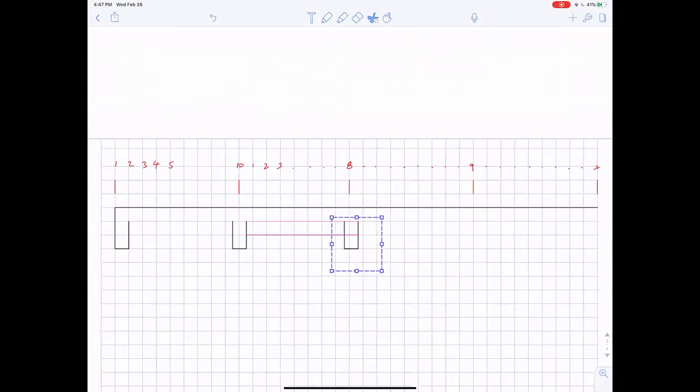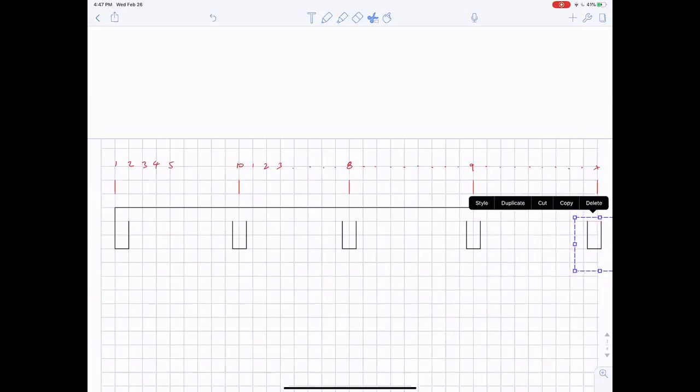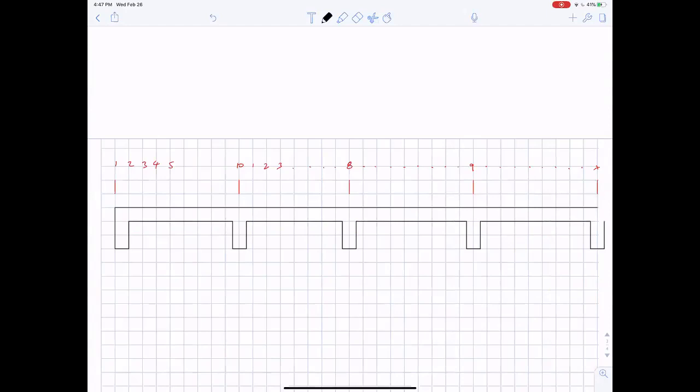There we go, roughly there, something like that. And let me put the dimensions in.